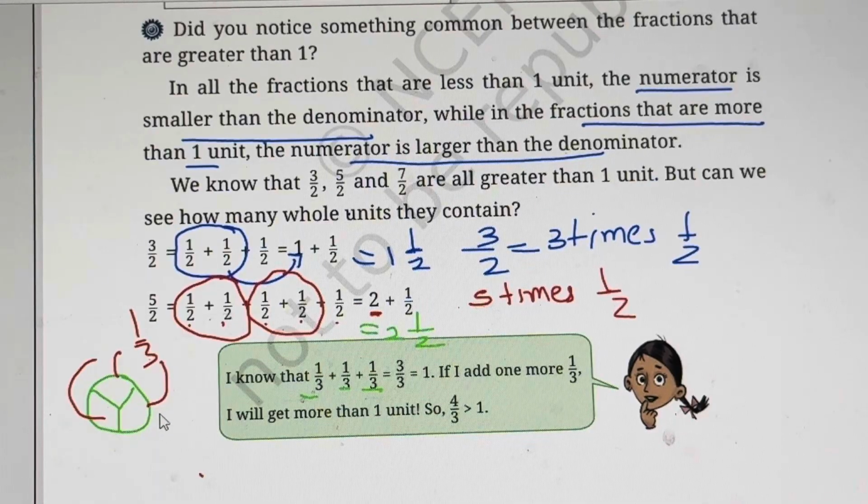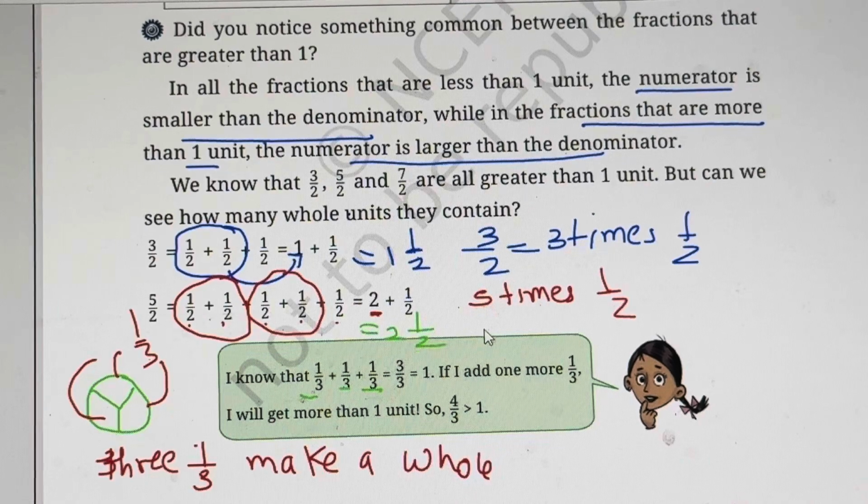Each is 1/3. So 3 one-thirds make a whole. So then it's easy. 3 upon 3 is 1. If I add one more, then it becomes 4 one-thirds, 4 times 1/3.